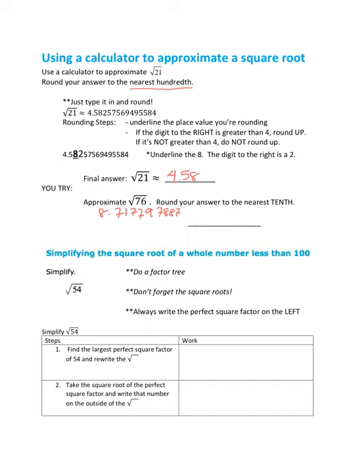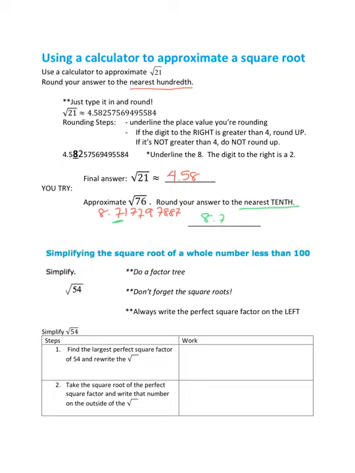Now I'm going to round it to the nearest tenth. So I want to round to this one. So I look at the next one, and that's a 1, and a 1 does not round up, so my answer is 8.7. That is an approximate answer. Okay, with me so far?